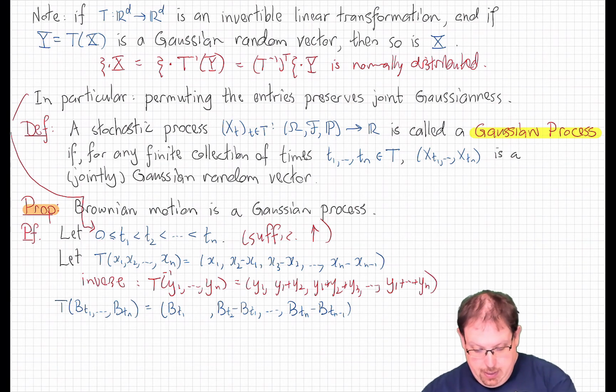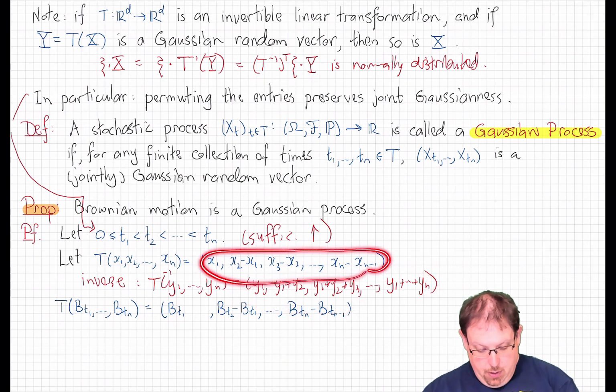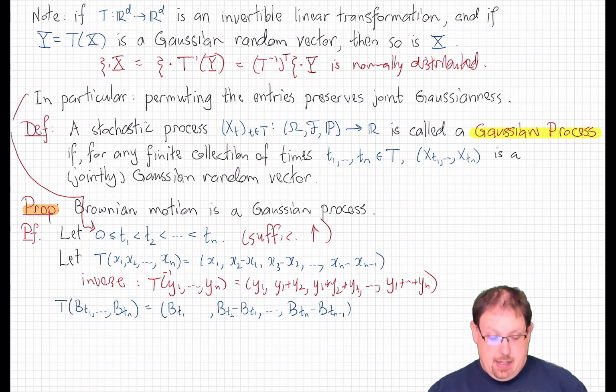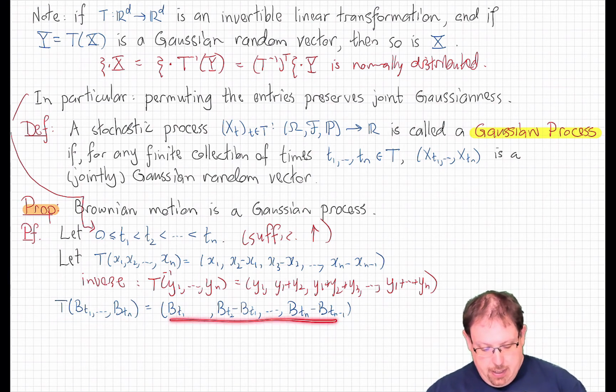And you can easily check that if you apply this to here, you recover the vector x1 through xn. So that means that to check that Brownian motion is a Gaussian process, it's enough to check that, of course, the vector B_{t1} through B_{tn} is Gaussian for any increasing set of times. And by this comment here, it's enough to check that T of that is Gaussian for any sequence of times. But T of that is just the list of increments.